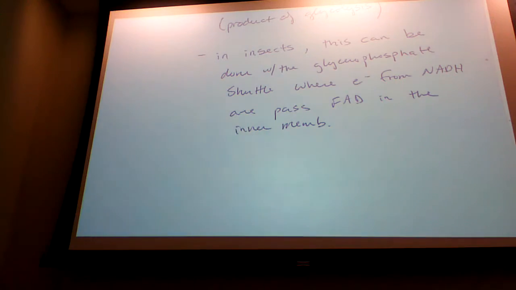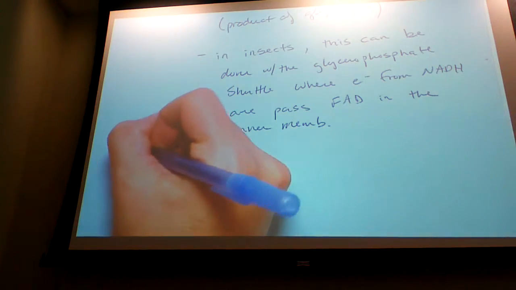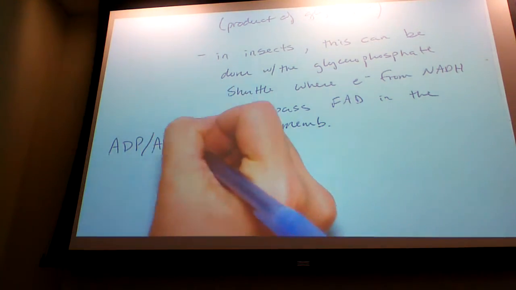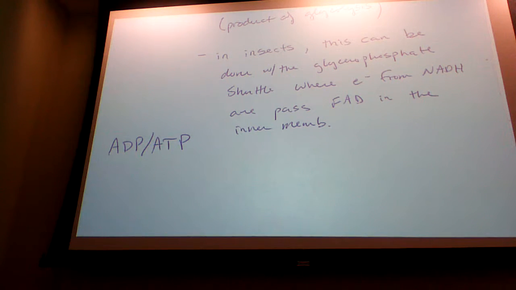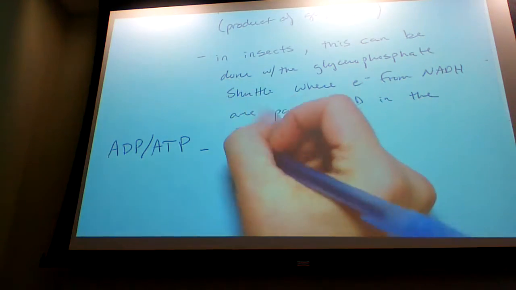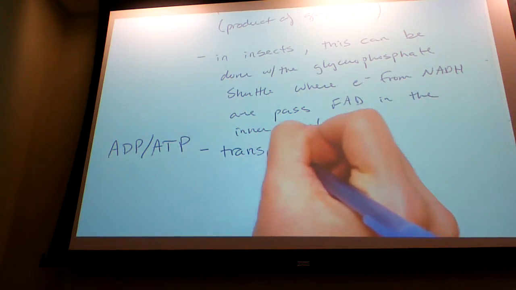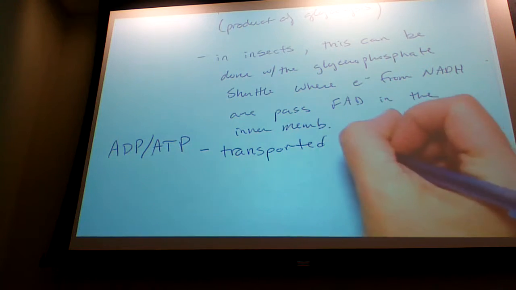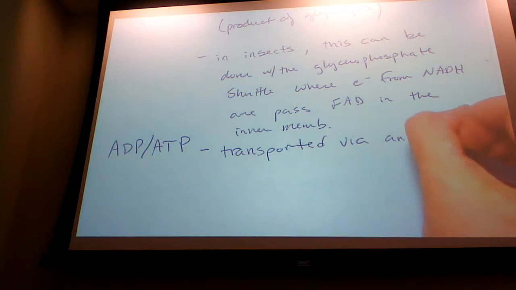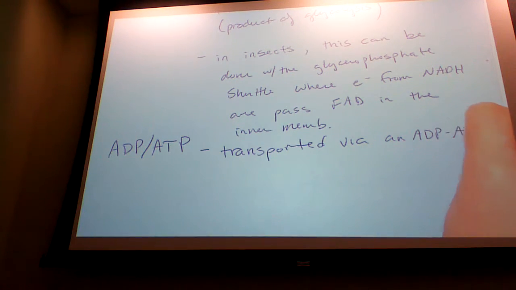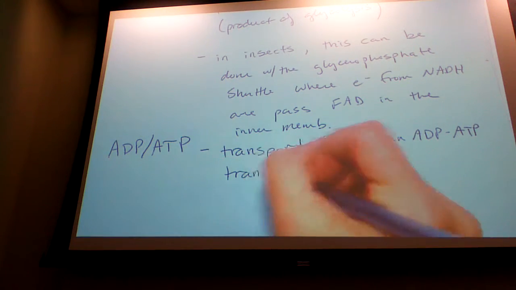Okay, so next thing we need, if we want to make ATP, then we're going to make that from ADP. And so you need a system for bringing ADP into the matrix and for exporting the ATP that you're synthesizing. And this is transported via an ADP-ATP translocator.